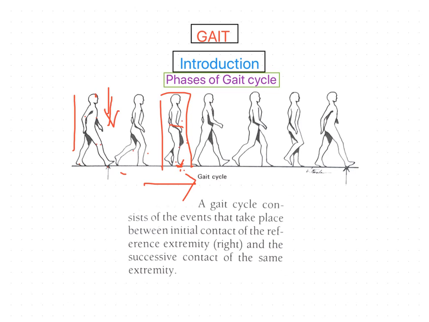Next, maintenance of upright posture and balance, and the third one is control of the foot trajectory to achieve safe ground clearance and a gentle heel contact. So these are the 3 main tasks given by another investigator called Winter.